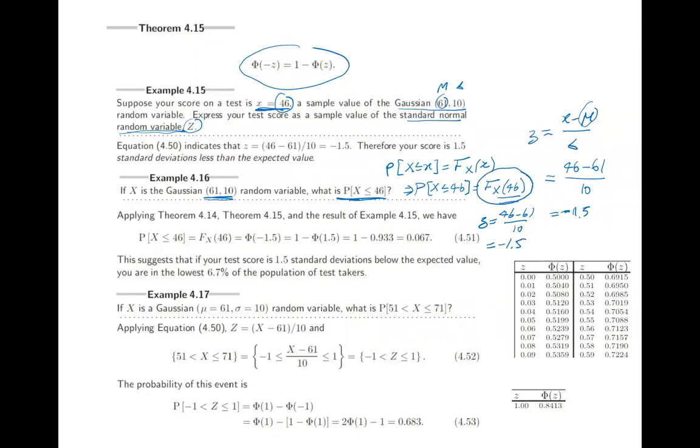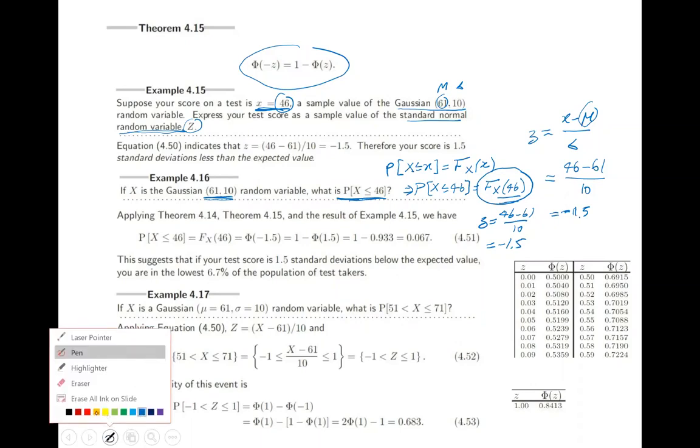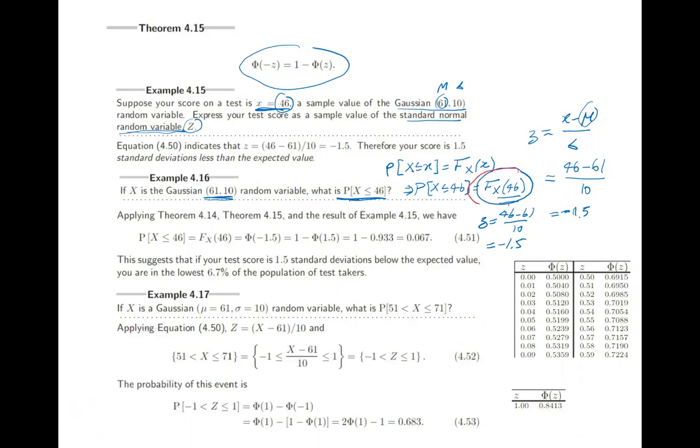So F_x(46) will be simply phi of minus 1.5, which is z.